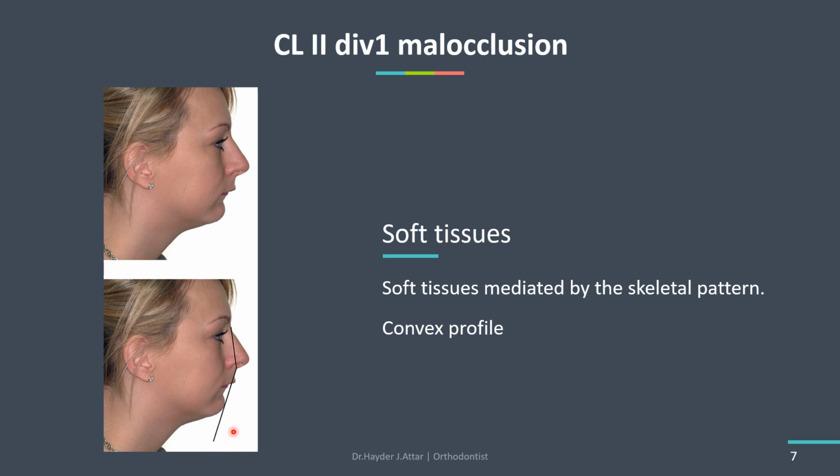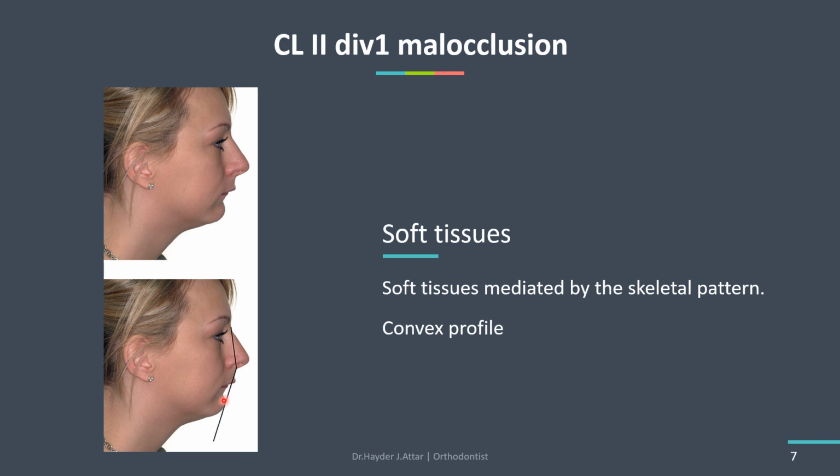In addition, the soft tissue, which includes the lips, is affected by the skeletal pattern because the lower lip is inserted to the mandible and the upper lip to the maxilla.